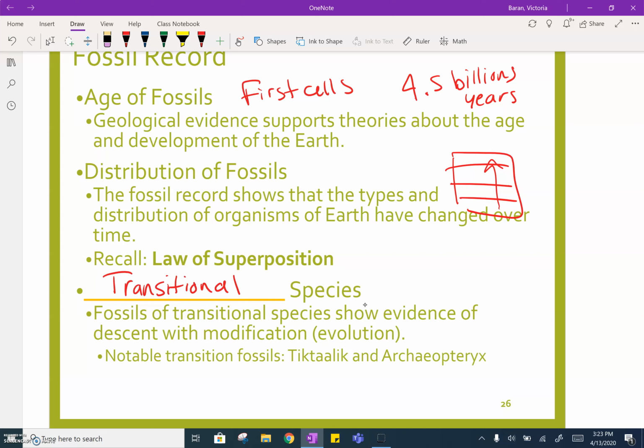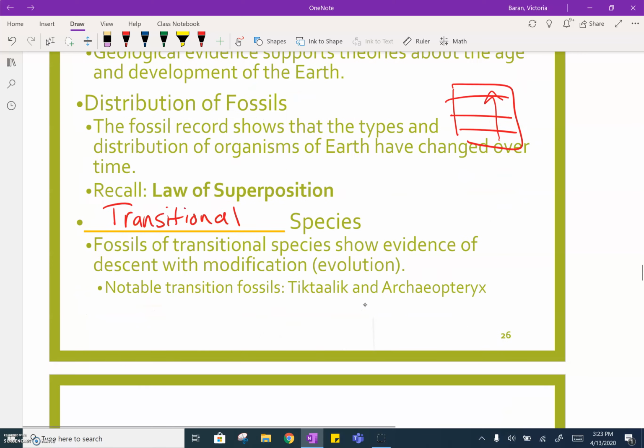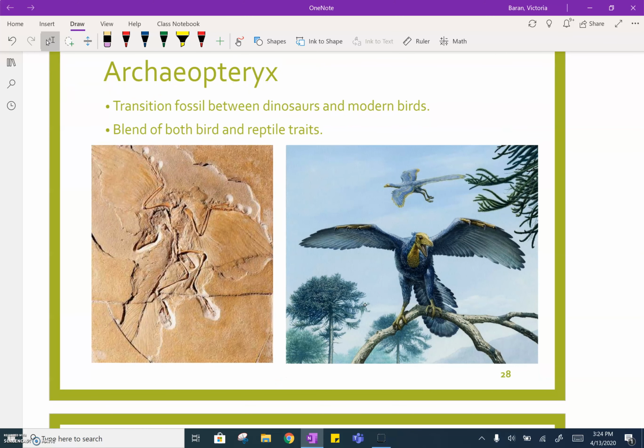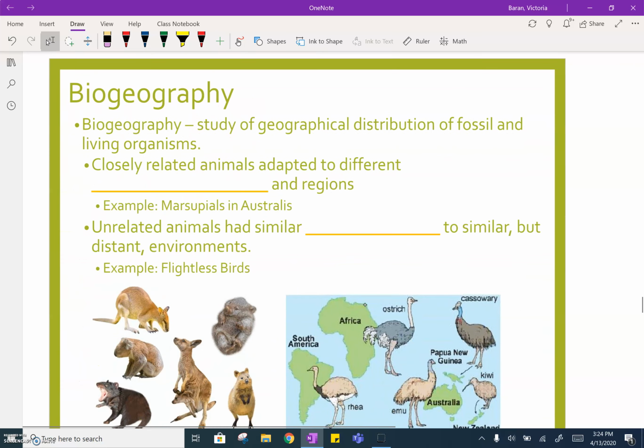Again, not everything that dies will become a fossil. So there are probably ancestral transitional species that did once live, but we might not necessarily have a fossil for that in the fossil record. But these two right here are some of the most well-preserved and great examples of transitional species.